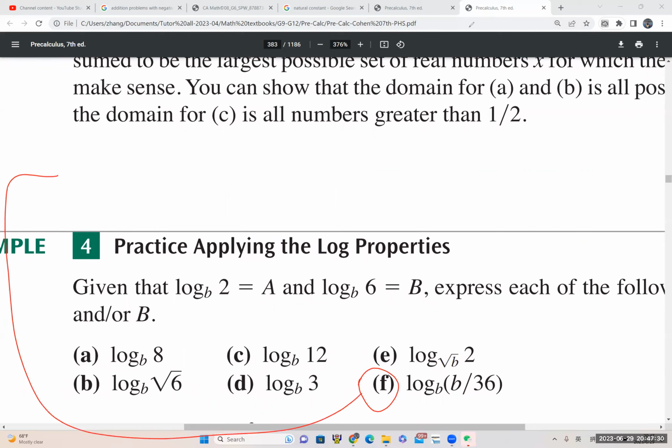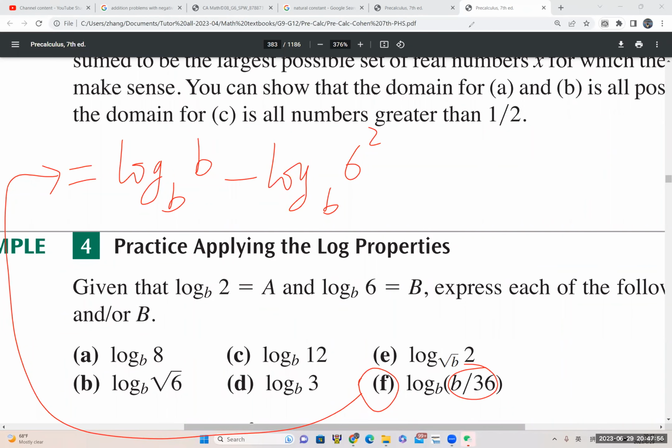So if we have log base b of 6 over 36, this is a quotient, so it will go to log b of 6 minus log b of 36, right? And for 36, we can write it as 6 squared, right?